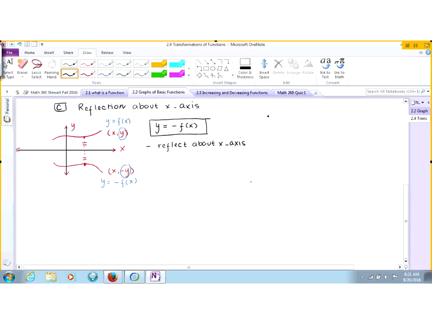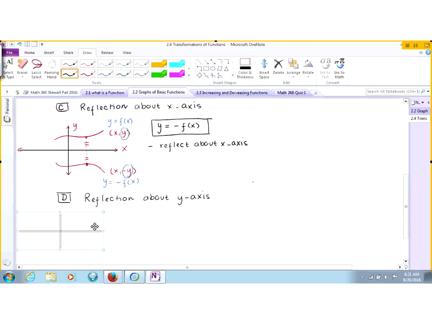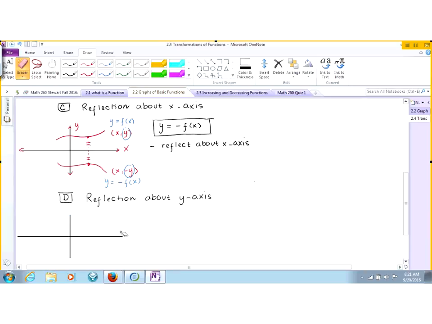Now, there is also another reflection, which is about the y-axis. So if I draw again, okay, so if my graph looks like, I didn't give you examples.